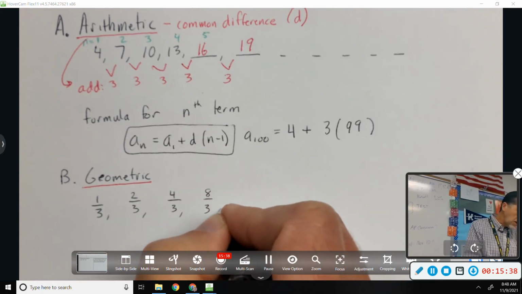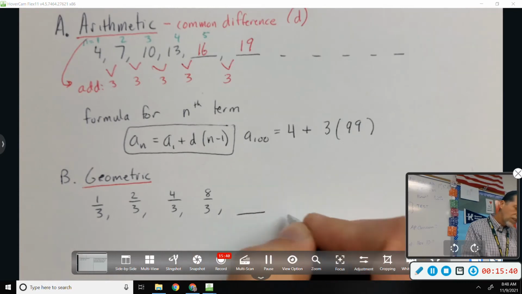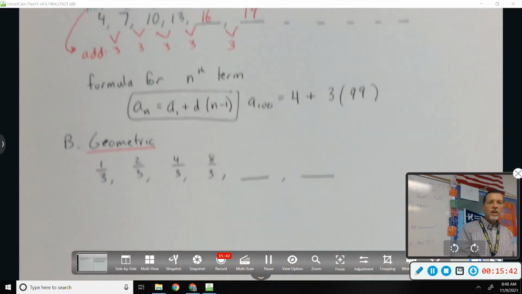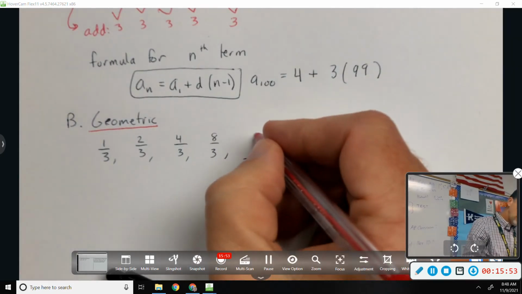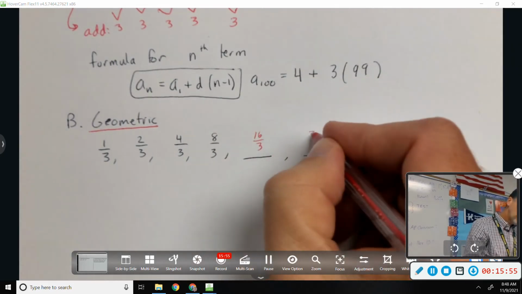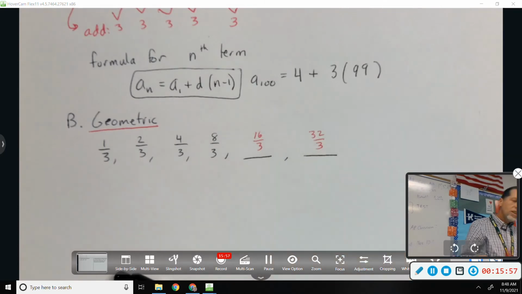It's not a sum, it's a set, so it's a sequence. 1/3, 2/3, 4/3, 8/3, 16/3, 32/3, 64/3, 128/3, 256/3, 512/3, and so on, et cetera, et cetera.